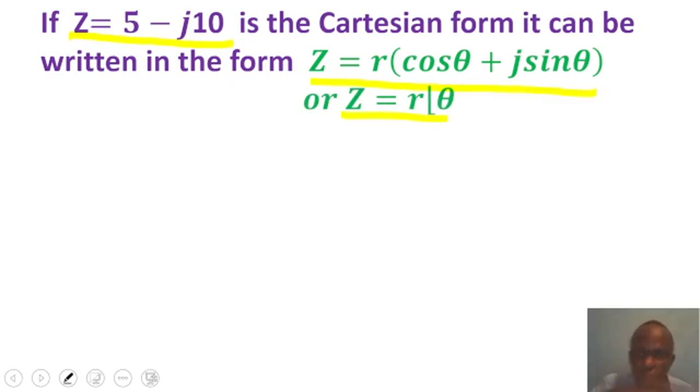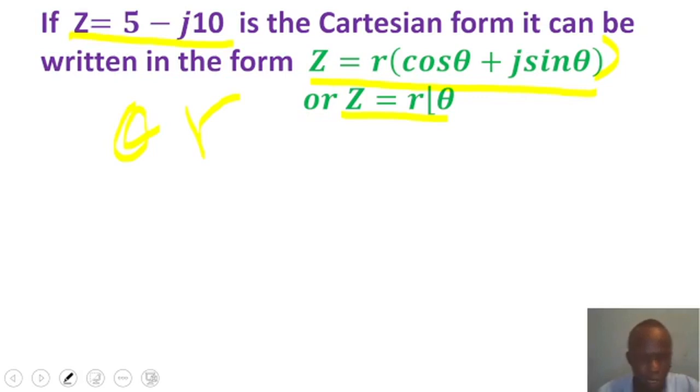This is just a simple way of writing it, because this one is somehow lengthy. Now we have to get theta and we have to get r. But before we get those particular numbers, we have to identify the x and y.